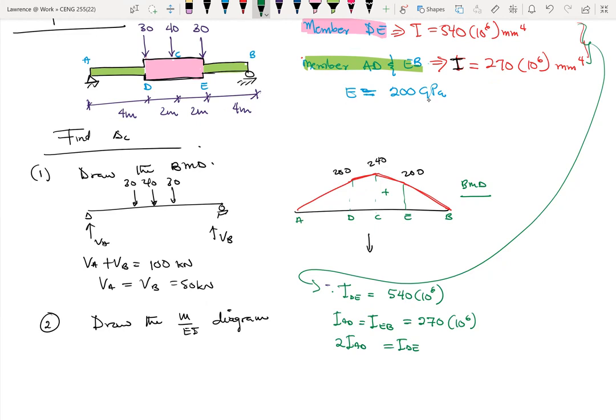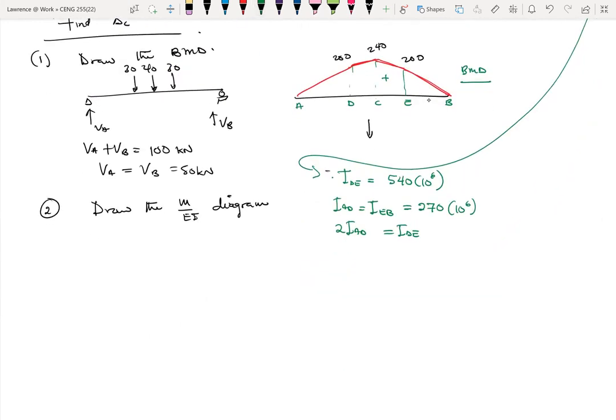If I multiply the moment of inertia AD or EB times 2, I'll get the IDE, right?